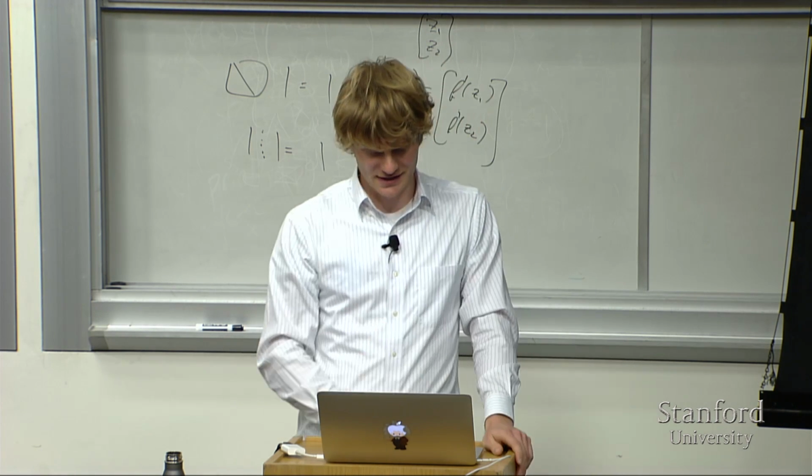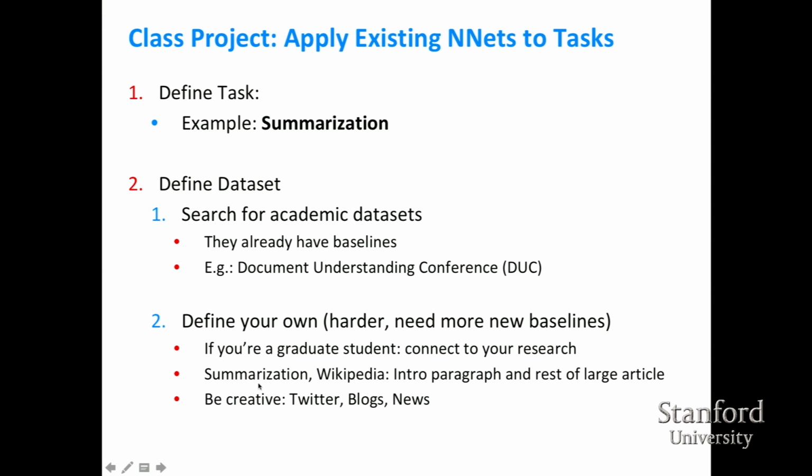So in this case, for instance, you might say, all right, I want to use Wikipedia. Wikipedia is slightly easier to crawl. You can actually download already sort of pre-crawled versions of it. And maybe you want to say, my intro paragraph is the summary of the whole rest of the article. Not completely crazy to make that assumption. But really, you can be creative in this part. You can try to connect it to your own research or your own job if you're an SCPD student.